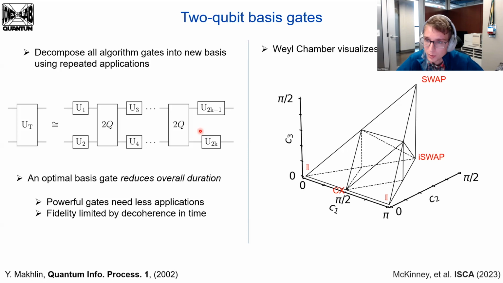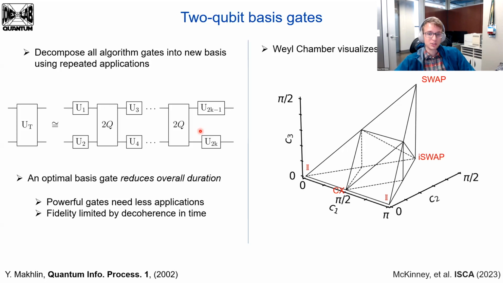And the way we approach this problem is we use this theory of the Weyl chamber, which is a concept borrowed from Lie algebra. This is a representation of 2-qubit gates that map to this geometric space, and it removes, importantly, local invariances.